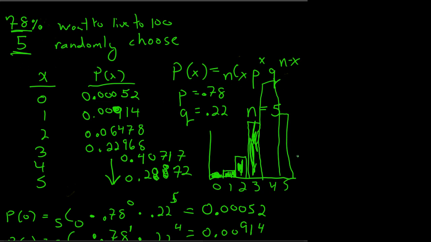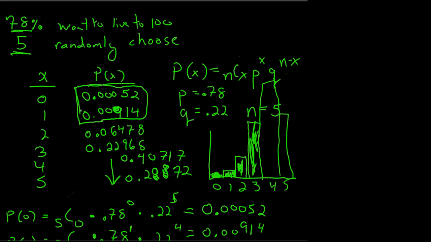Now it does ask at the end of this question, what values would you consider to be unusual? And the rule we have for unusual is anything that is less than 0.05. And so these first two values would be unusual.